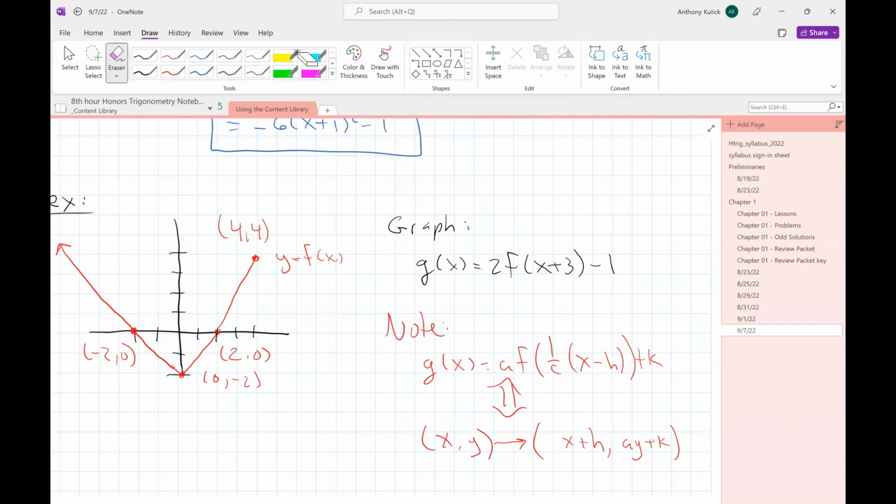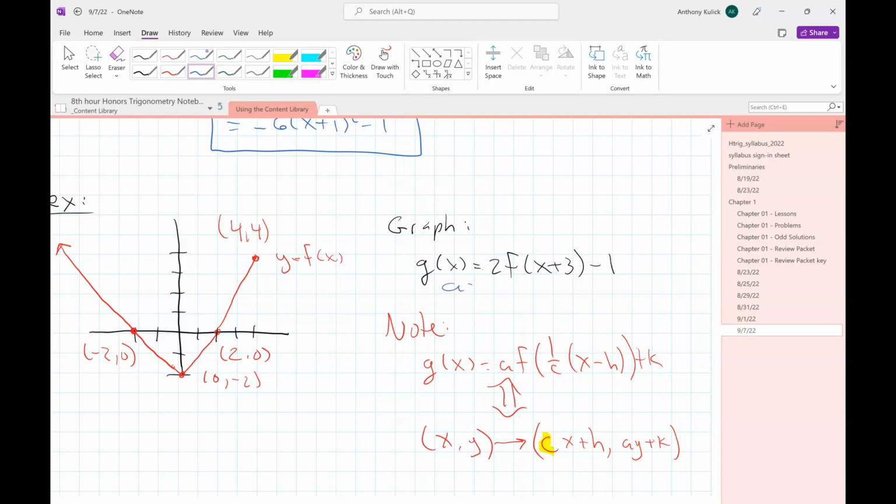I think that's supposed to be a C. Okay. Ugh, come on. All right.